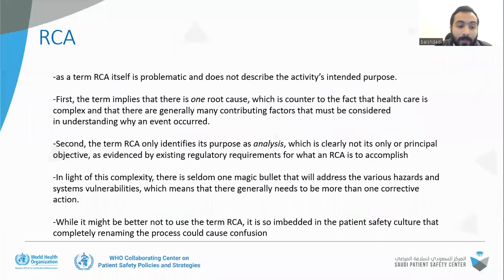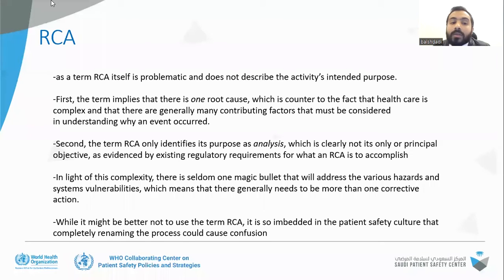Next, please. Let's talk a little bit about the term itself, RCA, root cause analysis. Some people argue that this term is somehow problematic and does not really describe the activity, and this is in two points. The first point is that some people might understand that there is only one root cause of a problem, which is counter to the fact that healthcare is complex.